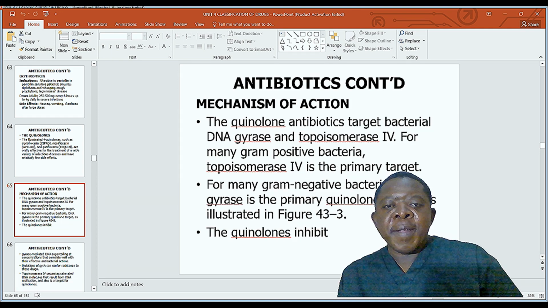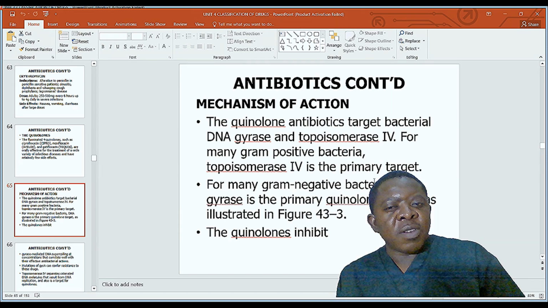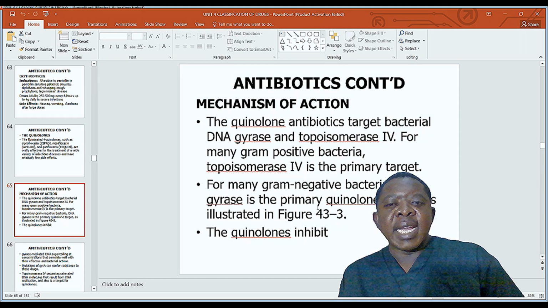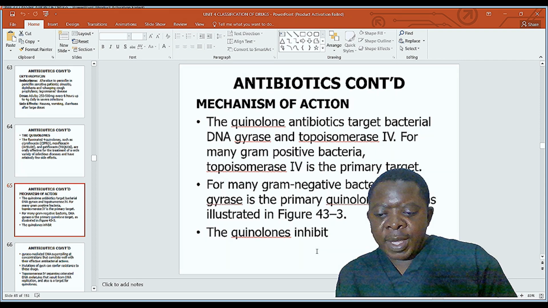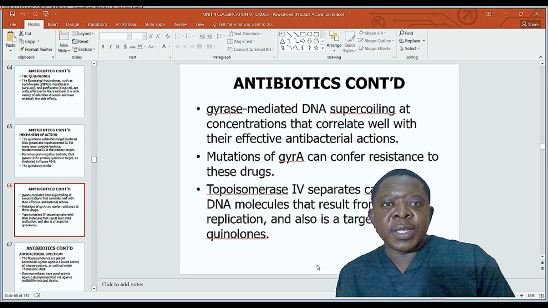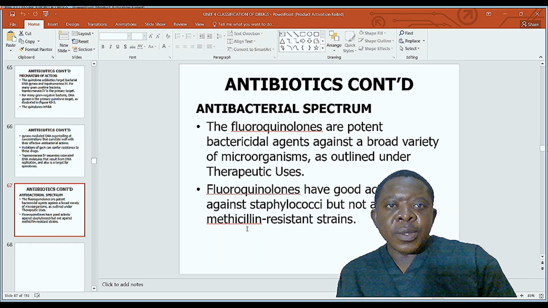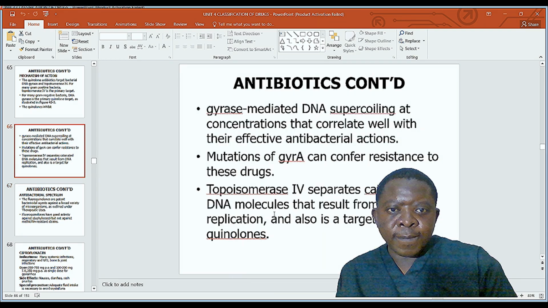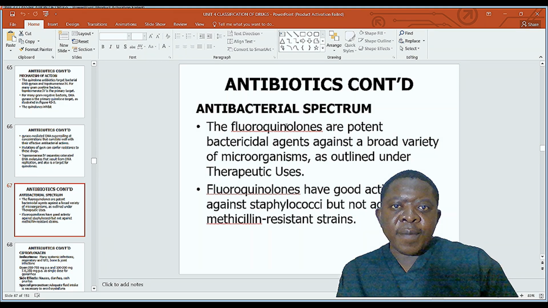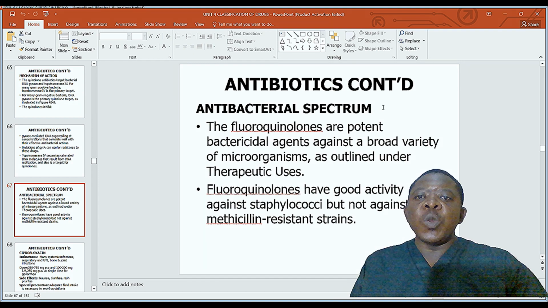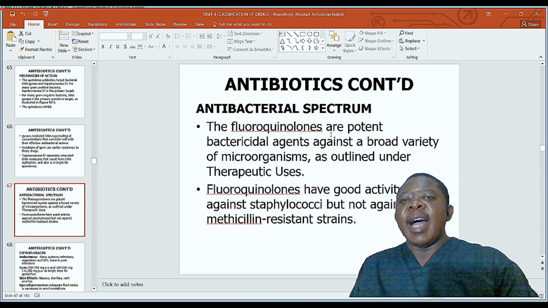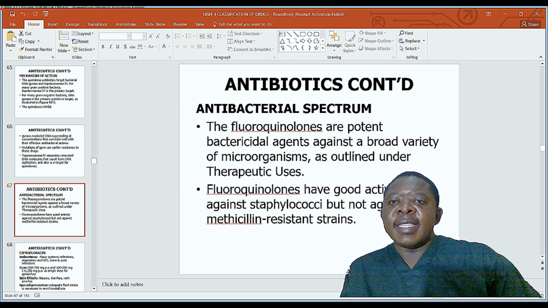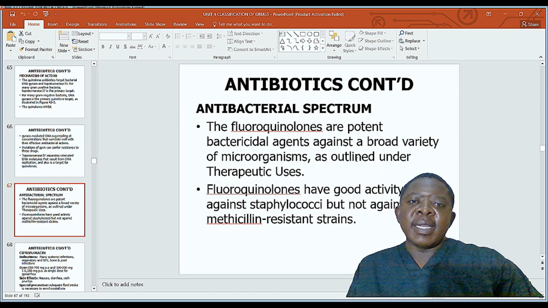For many gram-negative bacteria, DNA gyrase is the primary quinolone target, as illustrated in the figure here. Quinolone inhibits the... so we're saying the fluoroquinolones are potent bactericidal agents against a broad variety of microorganisms as outlined under therapeutic uses.